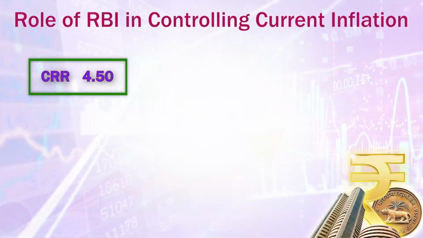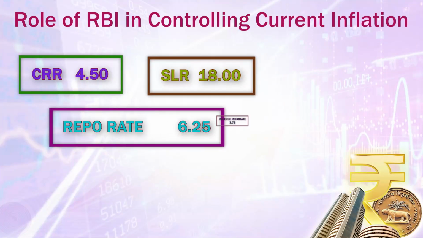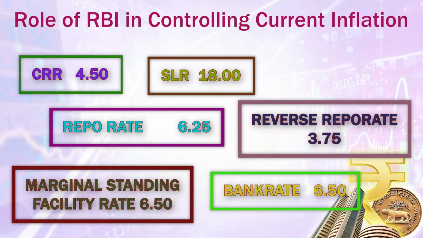Now, if we consider the current situation of the different policies implemented by RBI, we will see that the CRR, SLR, repo rate, reverse repo rate, and the bank rate are all increased currently to combat the inflationary pressure prevailing in the Indian economy.